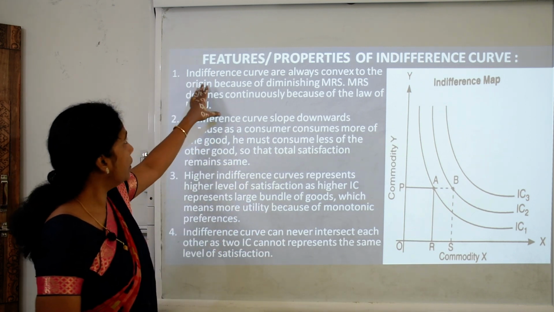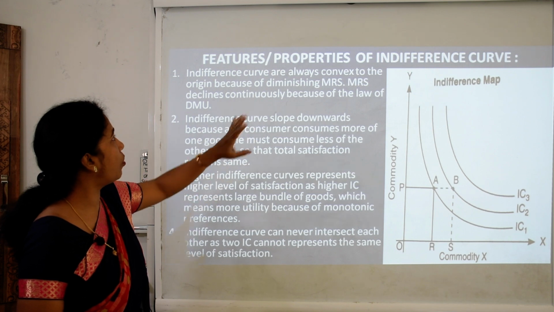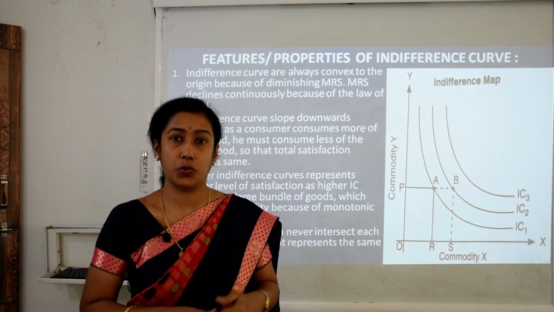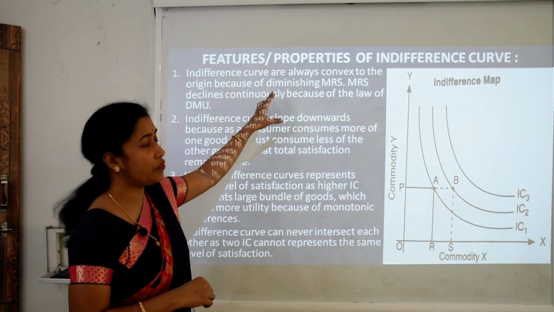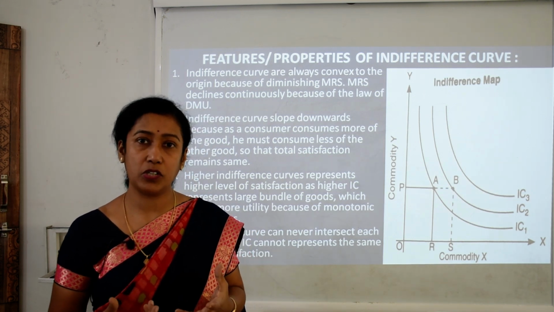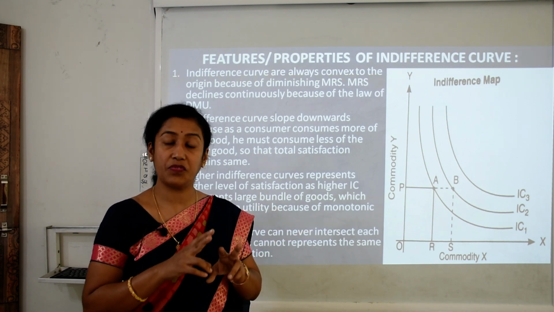Okay. Now features or properties of indifference curves. First is that indifference curves are always convex to the origin. In the previous slide we understood that the indifference curve is always convex to the origin because of diminishing marginal rate of substitution. Marginal rate of substitution means the rate of substitution of combination of any 2 goods.